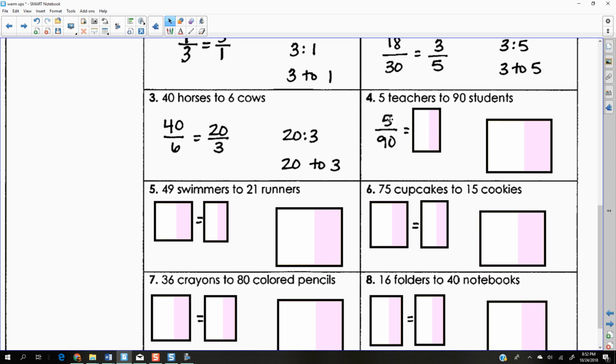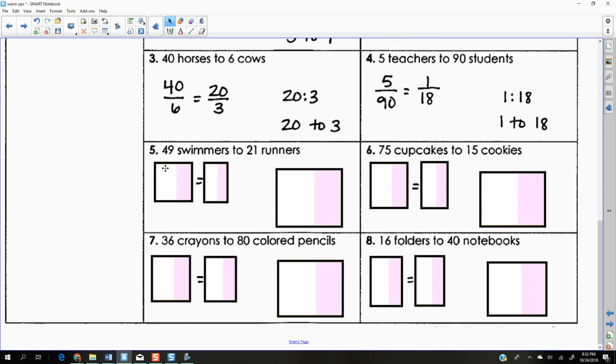So 5 divided by 5 is 1, and 90 divided by 5 is 18. So that means that there's 1 teacher to every 18 students. 1 to 18.